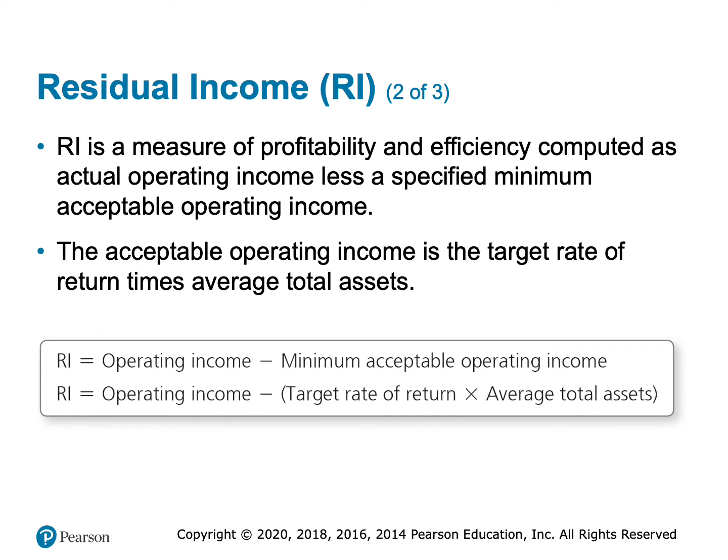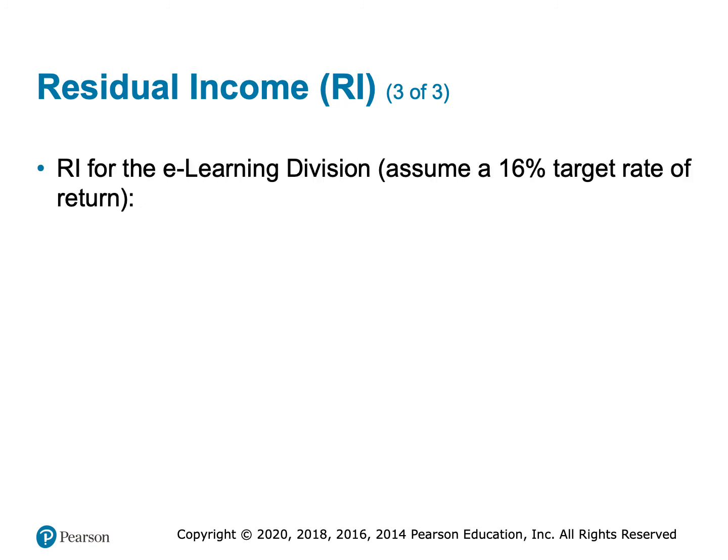That minimum acceptable operating income is calculated as the average total assets multiplied by the target rate of return, and this is management's target. So management says, look, this is what I would expect you to return. Okay, so when we include this factor in it, we can adjust our expectations accordingly.